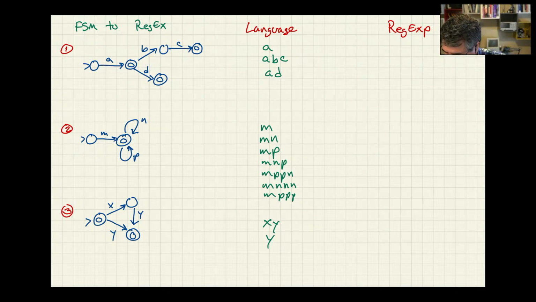Okay, so one of them was A, B, C, or D. And this one is pretty close. It certainly accepts A, followed by B, C, which is this middle one, and then A followed by D, which is the last one, but it does not allow that first one.